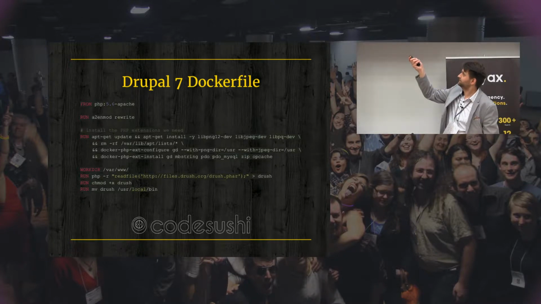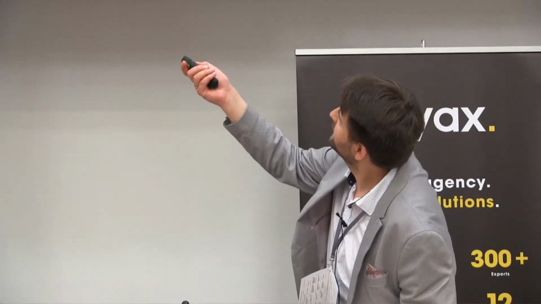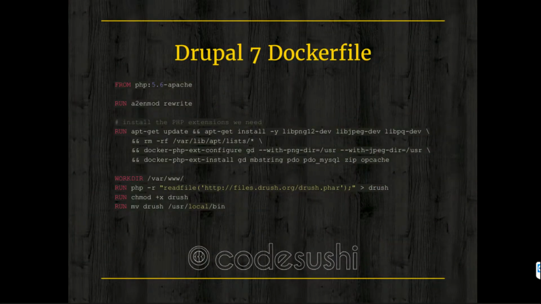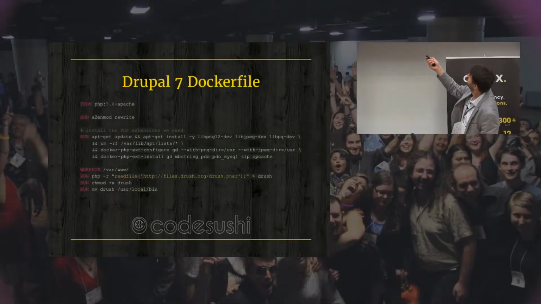The second line is just running some commands. The RUN in a Dockerfile runs a command, and here we are enabling mod rewrite for obvious reasons. And this line installs some dependencies, for example for GD, and here we are enabling the GD extension.